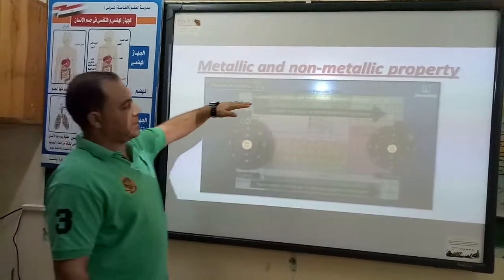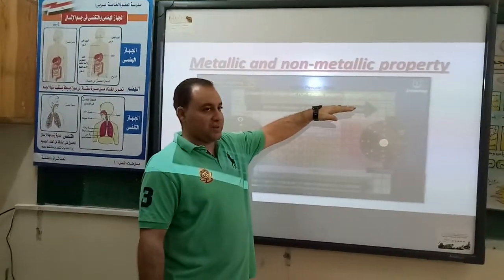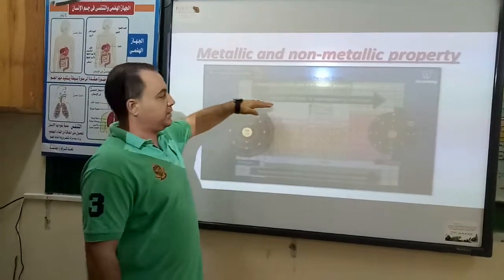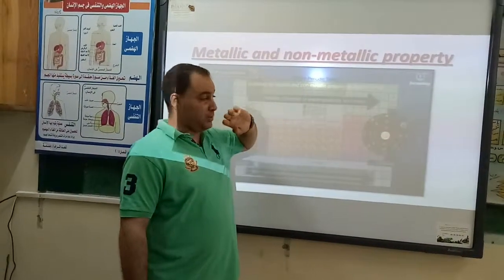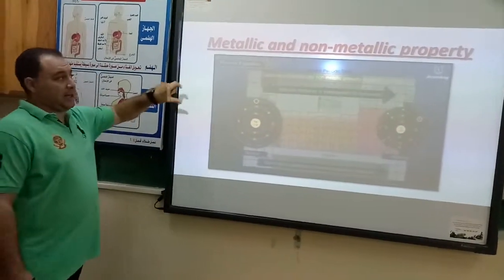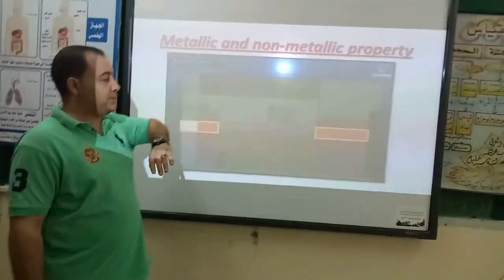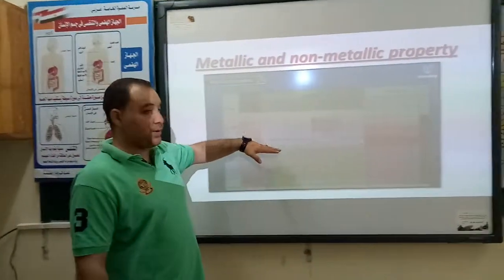We said that atomic size decreases in period, while electronegativity increases in period. Okay? Metallic property in period decreases.